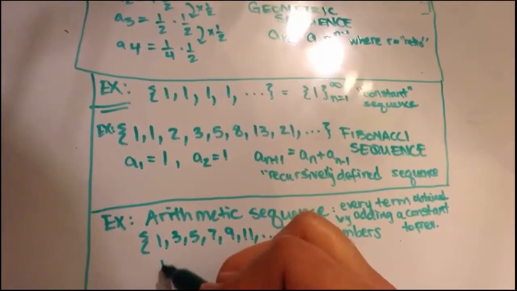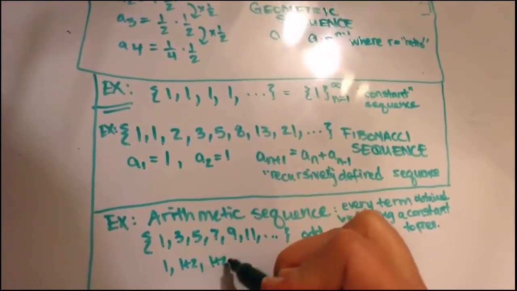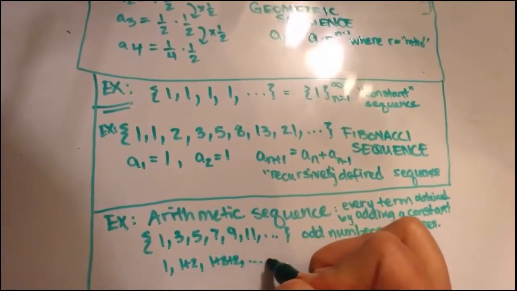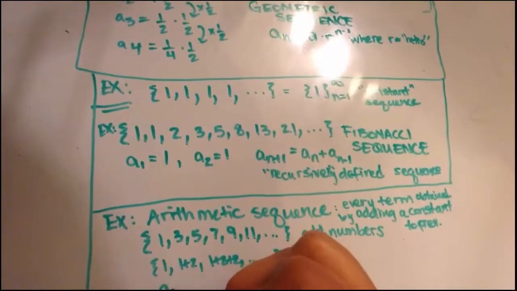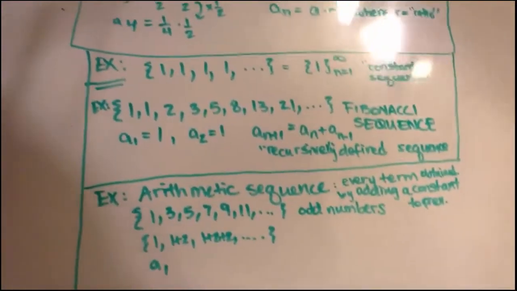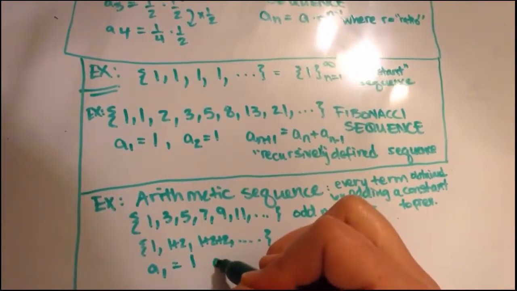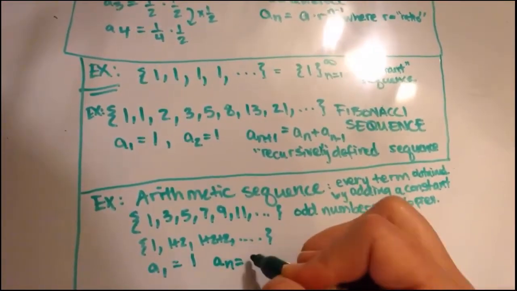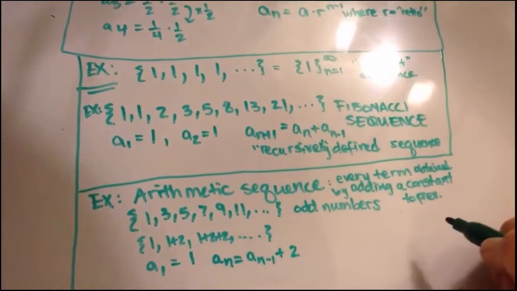So 1, 1 plus 2, 1 plus 2 plus 2, and so on, which means as a recursive definition, we can define this as the sequence where a1 is 1, and then the nth term of the sequence is the previous term plus 2.